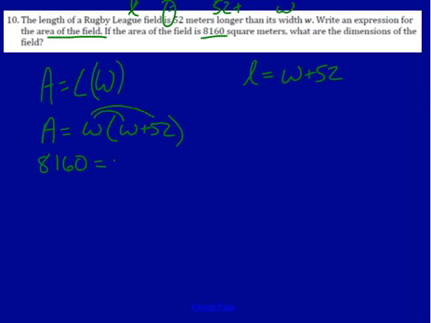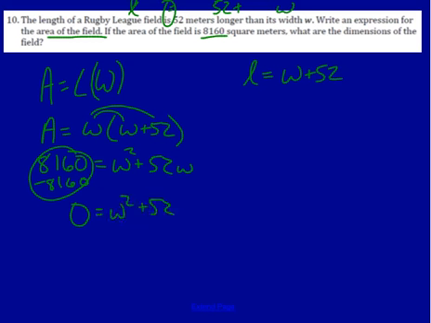I'll distribute this, W squared plus 52W. So then I'll subtract this 8,160. And I'll have 0 equals W squared plus 52W minus 8160. Okay, I don't see a GCF there.